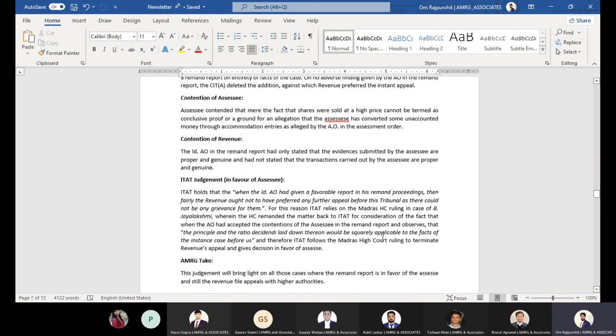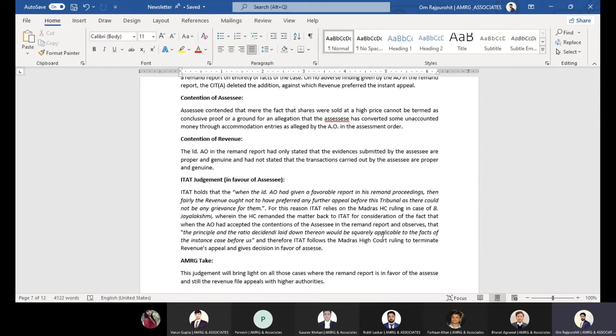The ITAT also mentioned in its order that when the learned AO gave a favorable report in his remand proceeding, the revenue should not have preferred any further appeal before the tribunal, as there could not be any grievance for them.